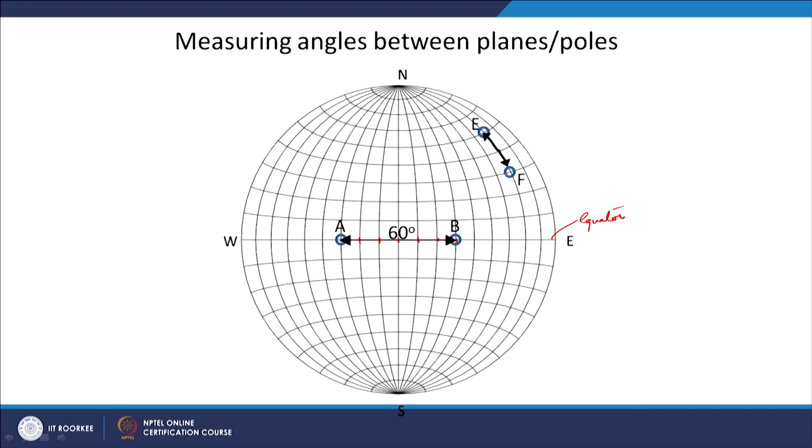In this case, if you see the graduations here, it is 10 degrees, 20 degrees. So, the angle between poles E and F is 20 degrees. Another one, C and D: again you can measure 10, 20. So, the angle between C and D is also 20 degrees.